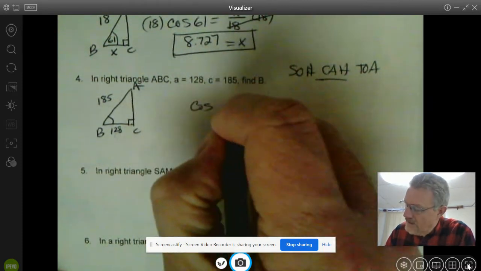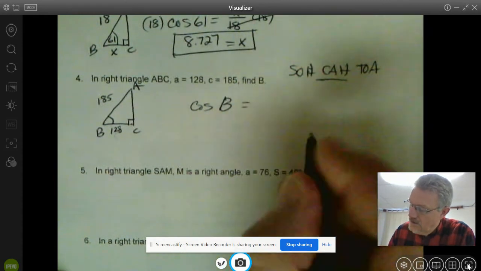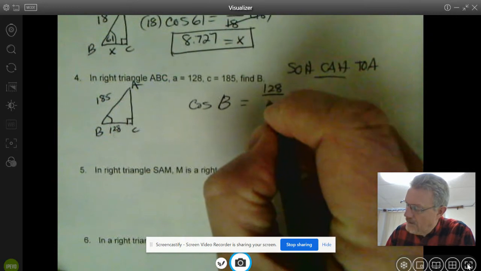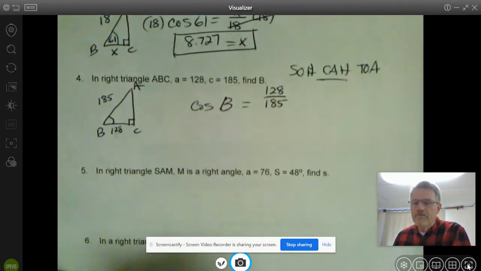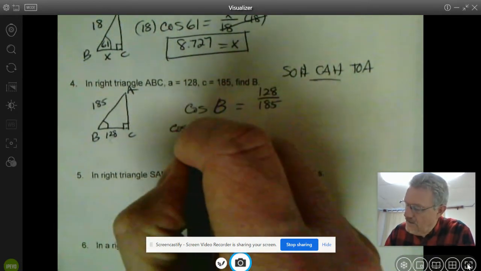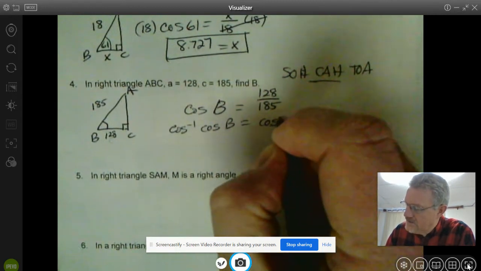So cosine of the angle, this is angle B, is equal to adjacent over hypotenuse. Okay, so this time the variable is the angle. The only way to separate cosine from the angle is to use the inverse. So I apply the inverse of cosine to both sides.